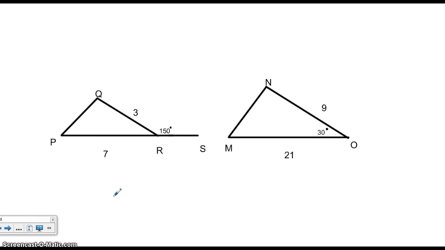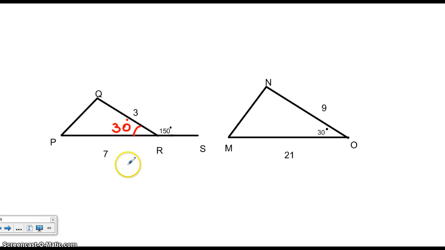On this next one, we need to figure out if triangle MNO is similar to PQR. So MNO similar to PQR. Okay, so right here, this angle is supplementary to 150, so that is 30 degrees. So we have an angle that matches. Now we're going to check to see how our sides match.